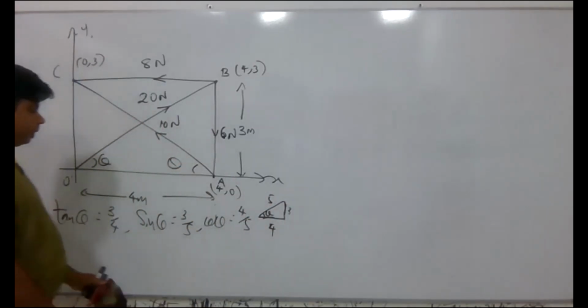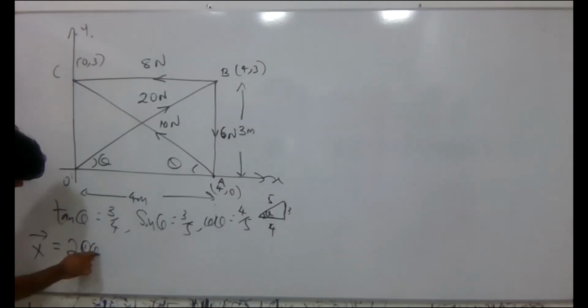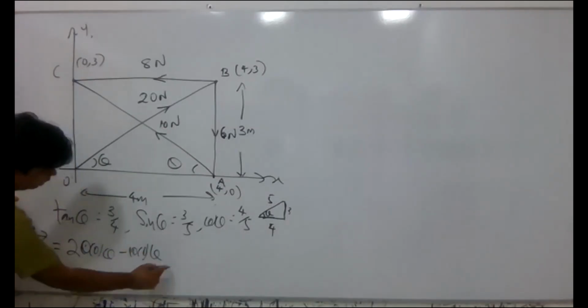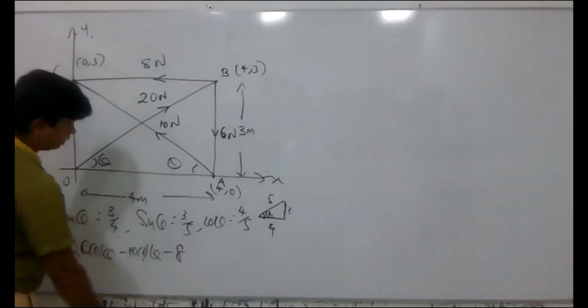Clear? When you got that, take the sum of the horizontal components. So you will have 20 cos theta minus 10 cos theta and minus 8.